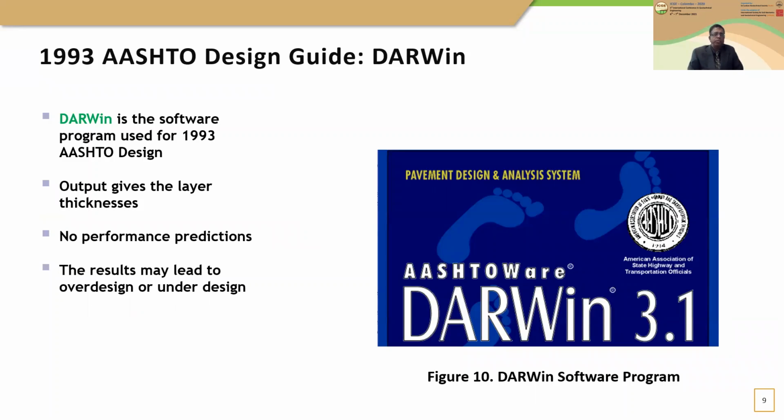DARWin program is used to do the thickness design. In this method, performance of the design pavement is assumed, but there's no way to predict the performance. Since the 1993 method is based on very limited research, there's a possibility the design can be either over-designed or under-designed.